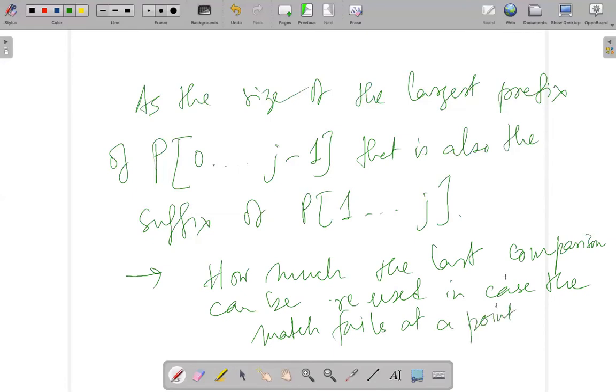Basically, you keep in your memory the amount of prefix that has been matched so far.